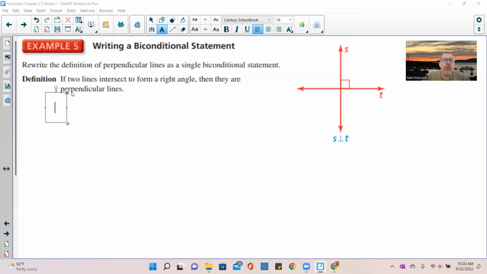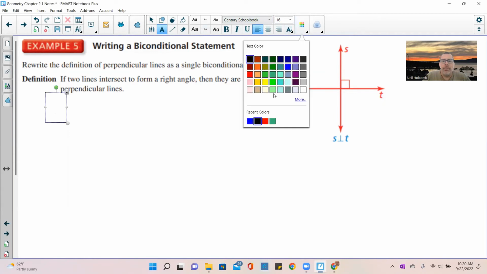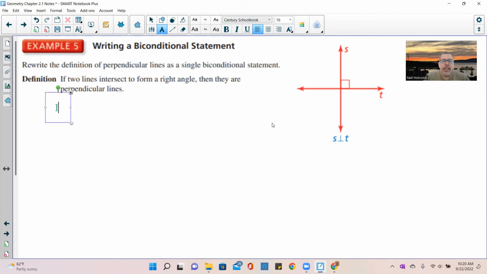So before I answer this as a biconditional statement, I'm going to write it as the converse. So you'd say if, and you start with the conclusion, but you don't say they. You always have to explain what they are in the if portion. So I won't say if they are perpendicular lines.